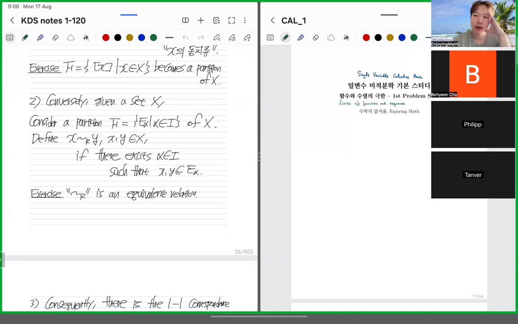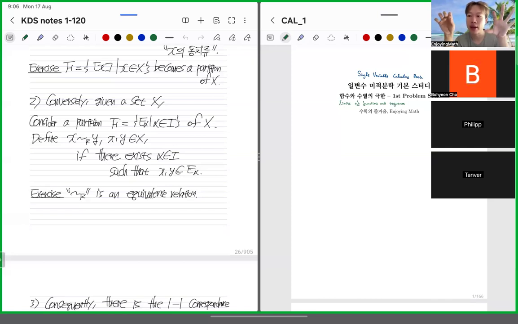If we have a set A and a subset of A, it is still a different set, but we can get an equivalence relation because we can make reflexivity and symmetry with those.